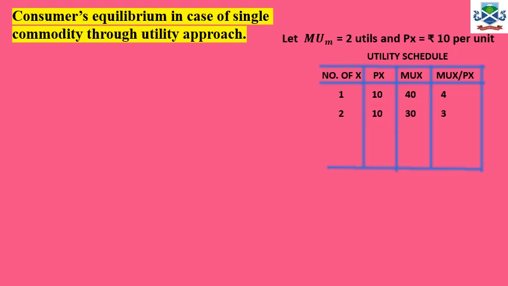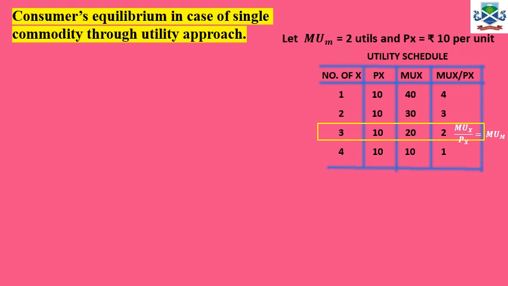The same way, for the third unit, the price remains 10, MUX decreases again to 20, and 20 divided by 10 gives 2. For the fourth unit, the price is 10, marginal utility decreases again to 10, and it comes to 1, and it goes on like that. As per the condition of equilibrium, MUX by PX must be equal to MUM, and you will find it while the consumer is consuming the third unit of the commodity.